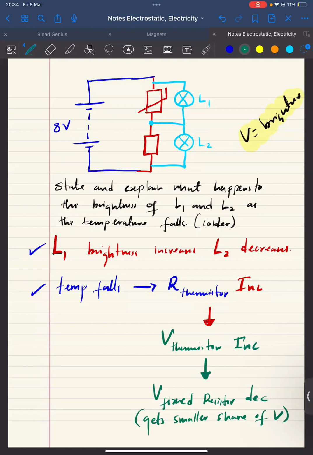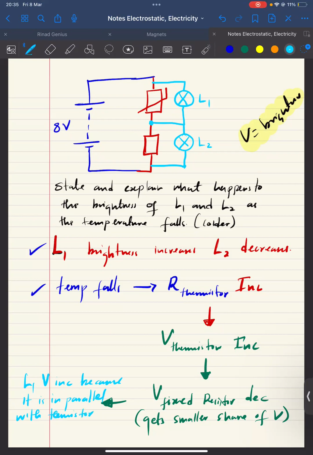Because you're bringing the idea that these two are in series and they will always share the voltage. If the thermistor's voltage increases, then the fixed resistor is going to take the smaller share. And then you say, because of this, L1's voltage increases because it is in parallel with the thermistor.